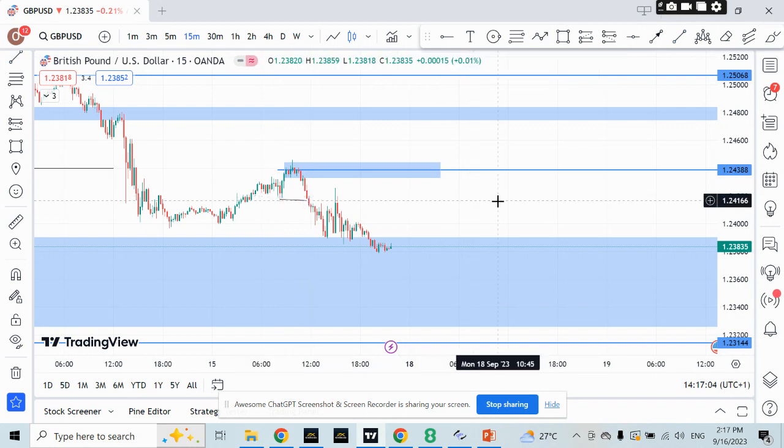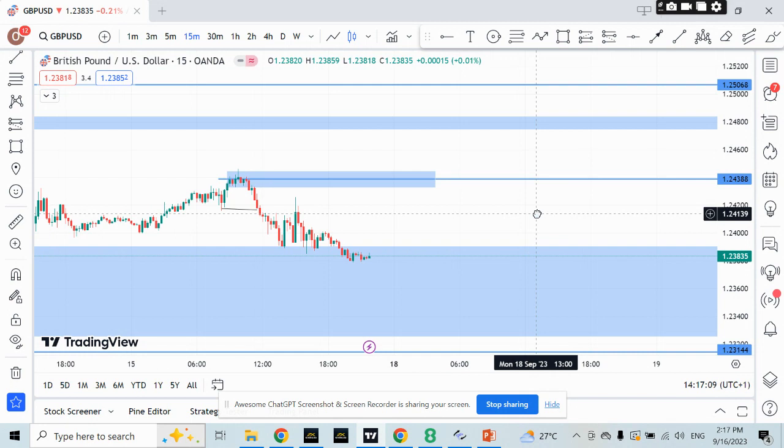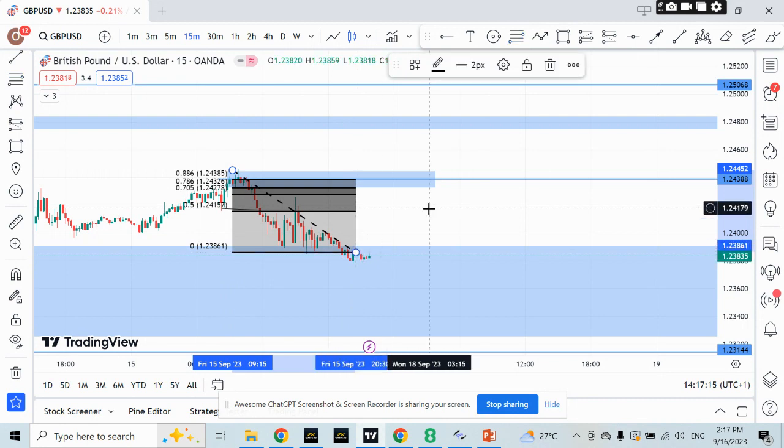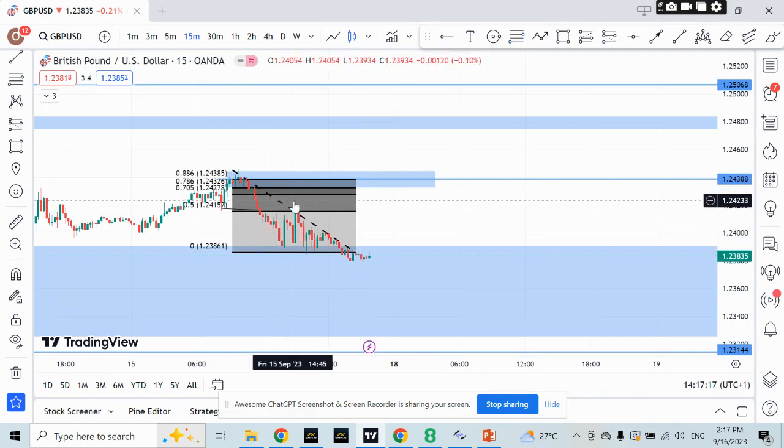That's 15 minutes. And taking my Fibonacci from here to here, you realize that price has already tapped into this zone. Price has already tapped into that zone, 70%.